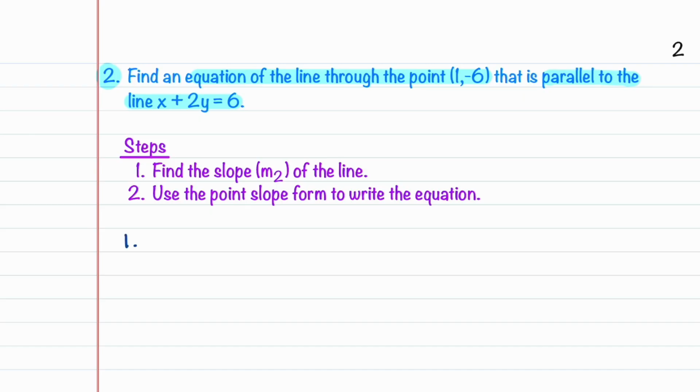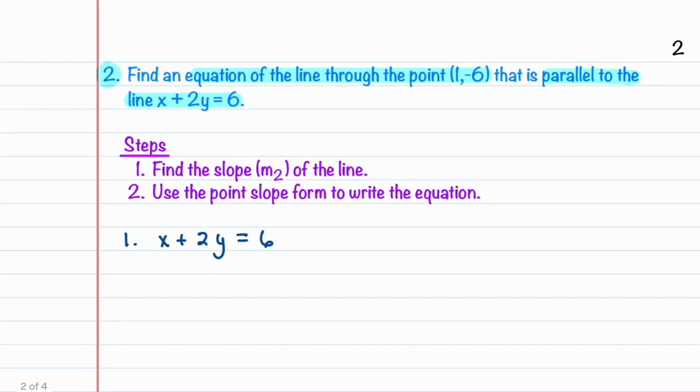The first step is we're going to find the slope of the equation of the line that we want to find. So we're going to begin with the equation that we're given, x + 2y = 6, and we're going to find the slope of this equation. So let's keep our y on the left, and we'll move our x to the right, so we get -x + 6.